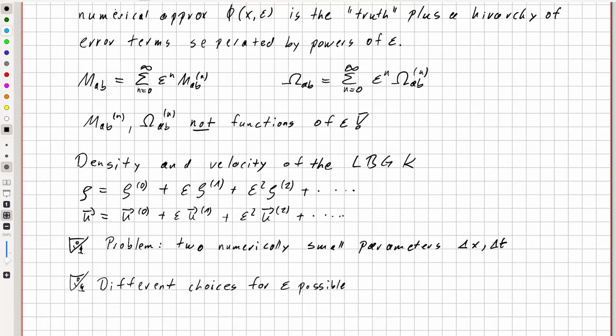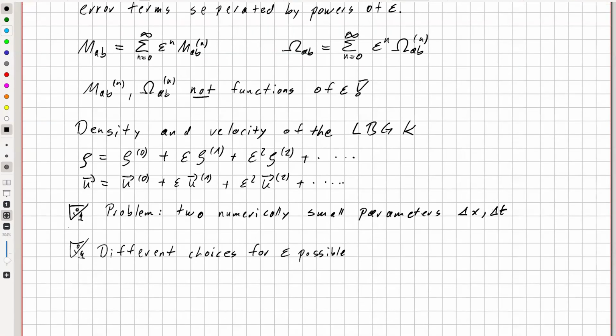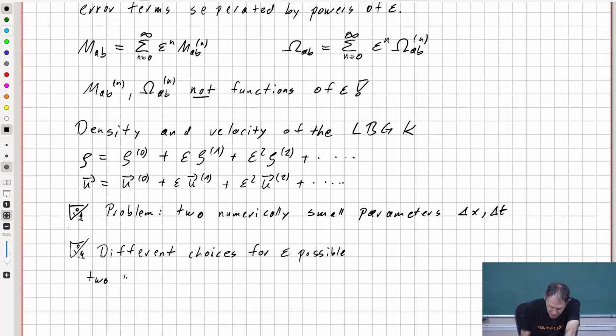Out of the infinitely many, there are two simple obvious choices, or that look obvious, say. So what is most obvious? Most obvious is that you say that delta x is equal to your smallness parameter and delta t is also proportional to your smallness parameter.